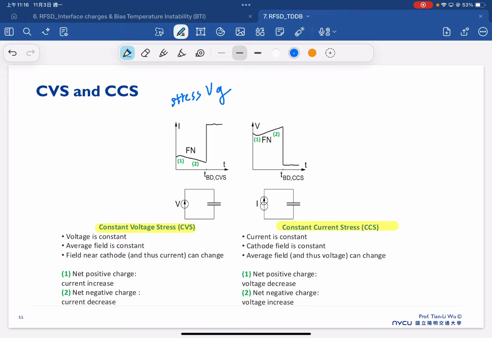But in the early time, if we want to evaluate the dielectric property, sometimes we also consider the constant current stress, because it means that we give a constant current, and then we normally see at a certain moment a drop of the voltage here.